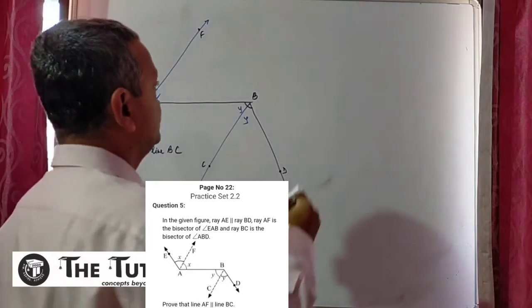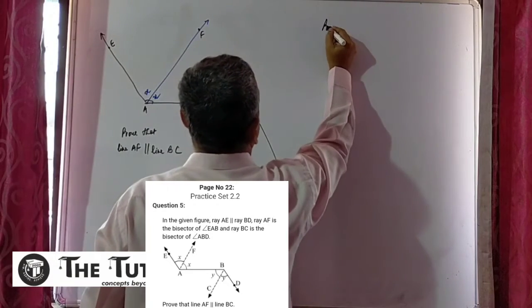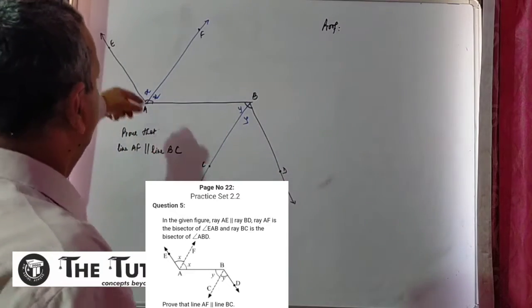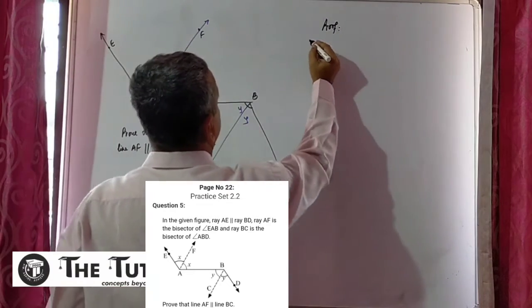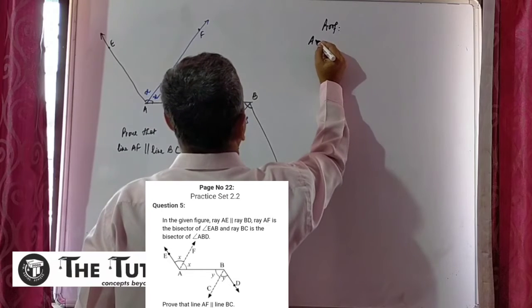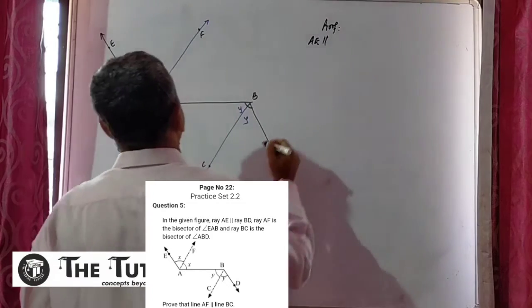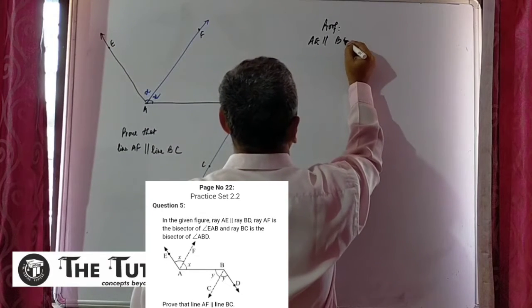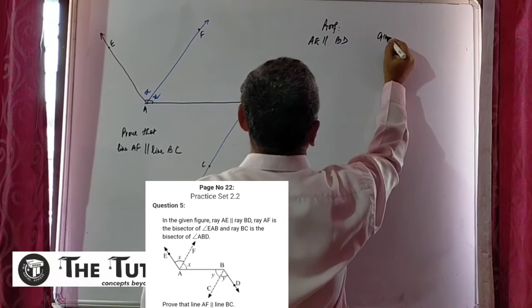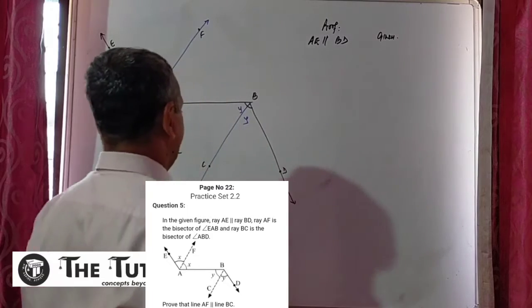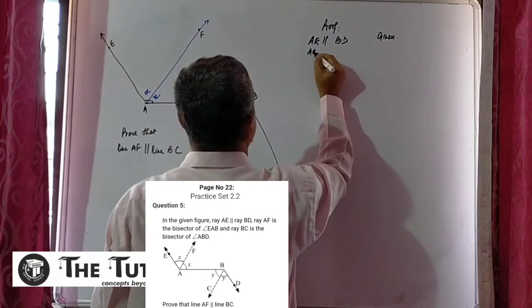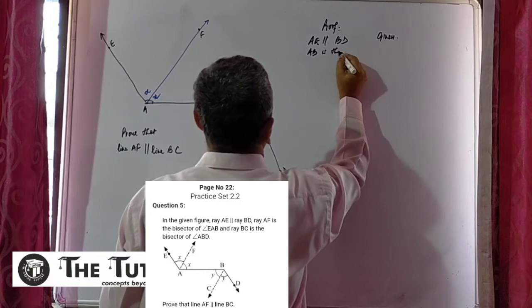Proof. AE is parallel to BD. This is given to you. And AB is the transversal.